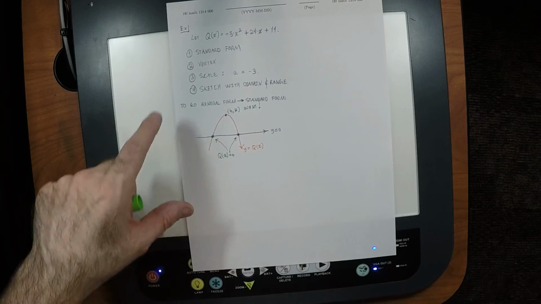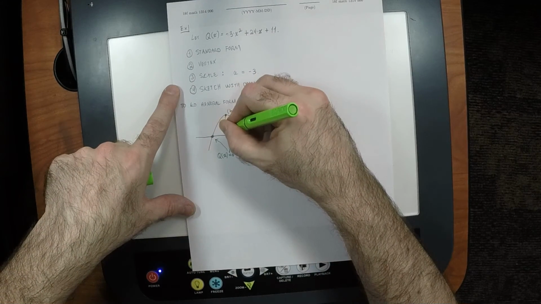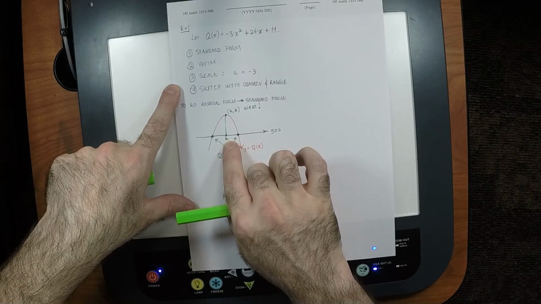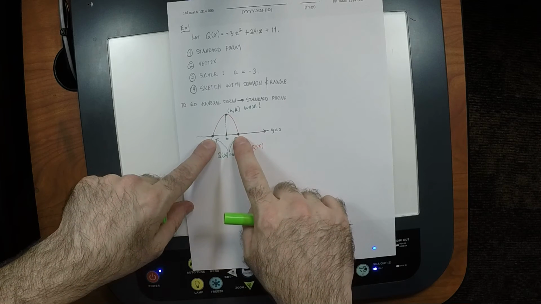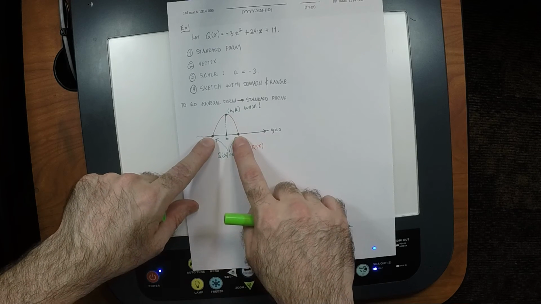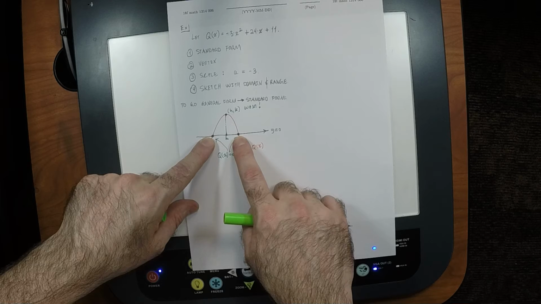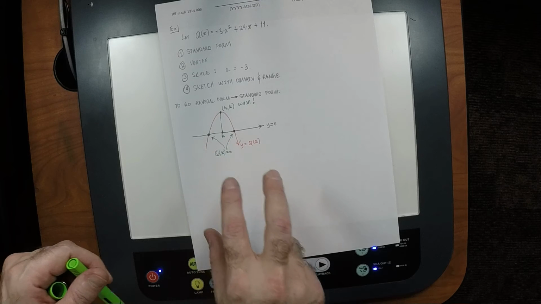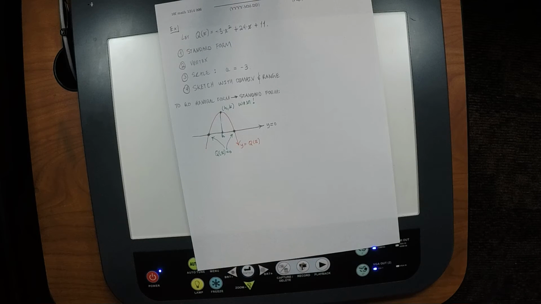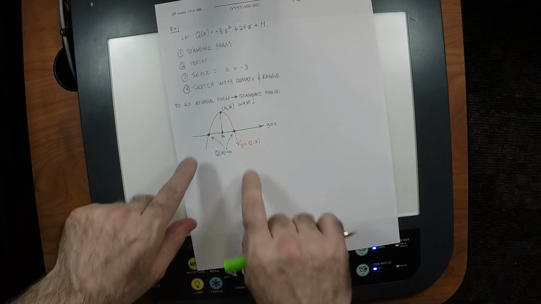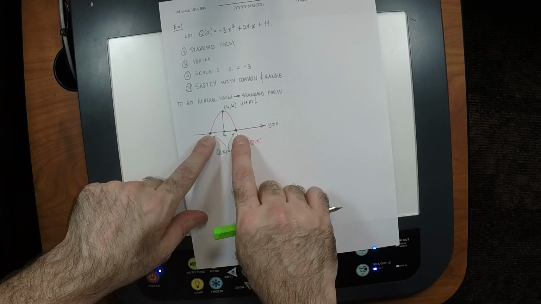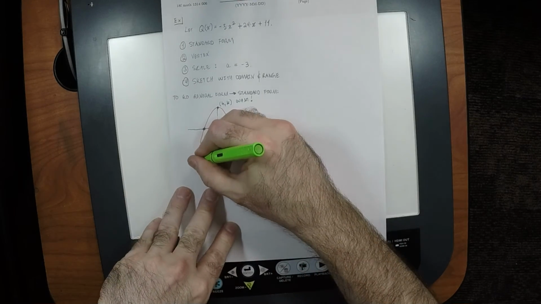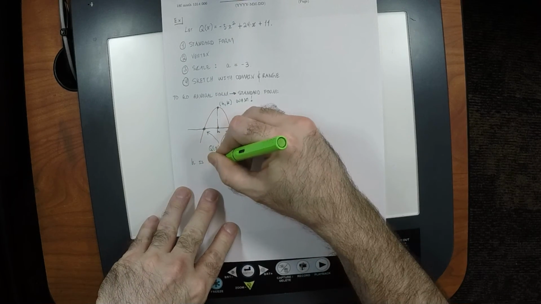And notice that h is right there. If we can find those 2 points, how can we find h? By midpoint, right? By averaging them. So h is the average of those 2 points. h is the midpoint.